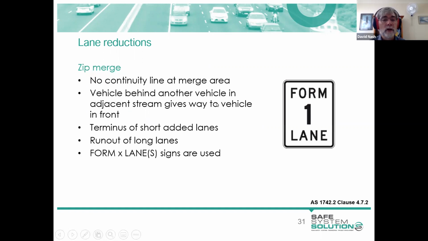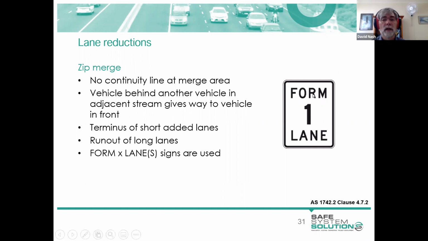So the types of signs we use in these situations are for a zip merge, we use a form 1 lane or form 2 lanes or form 3 lanes, whatever it might be, type of sign. And this is used, for instance, on ramps to freeways, which often start off as 2 lanes and then merge into 1 lane.